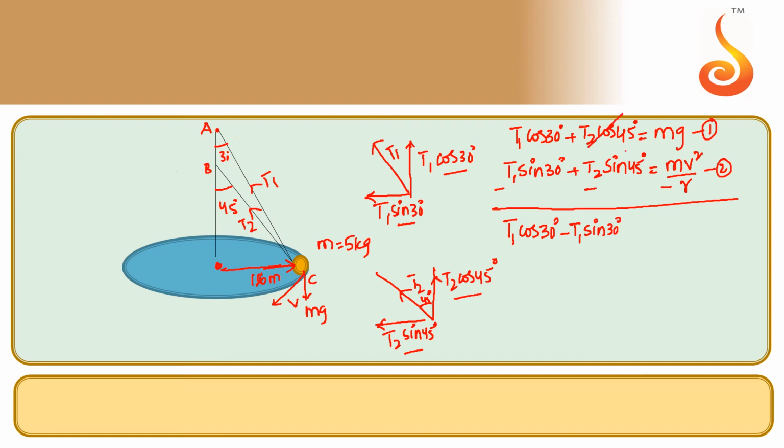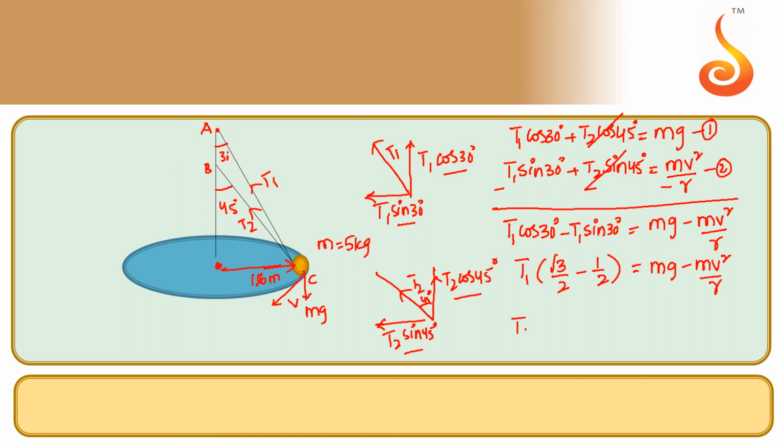T2 cos 45 and minus T2 sin 45 will get cancelled, because cos 45 is 1 by root 2 and sin 45 is also 1 by root 2, so exactly opposite signs will get cancelled. This is equal to mg minus mv square by r. So if we take T1 common, cos 30 is root 3 by 2 minus sin 30 is 1 by 2, equal to mg minus mv square by r.